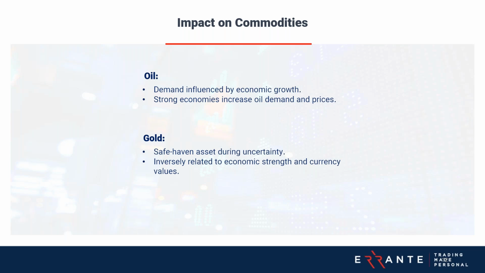Commodities are typically priced in US dollars. So a weaker USD can make commodities cheaper for holders of other currencies, increasing demand. And also next is inflation expectations. Higher inflation can lead to increased demand for tangible assets like gold as a hedge.